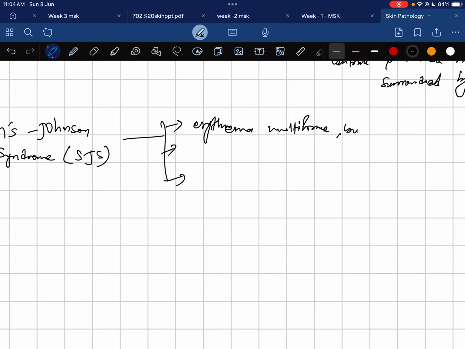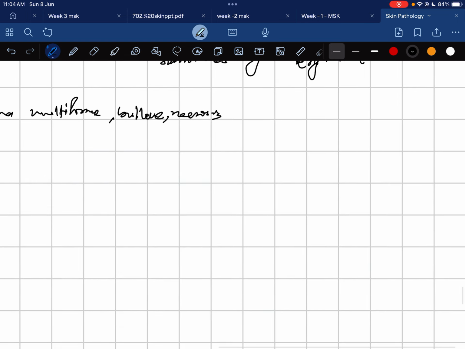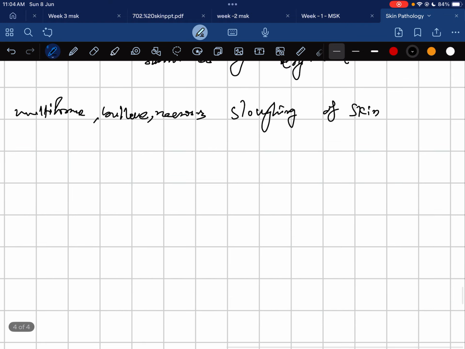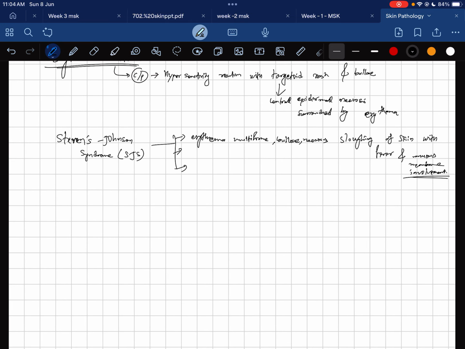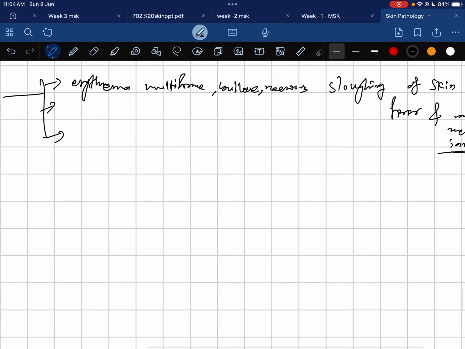Typically two mucous membranes are involved, the lips and eyes.